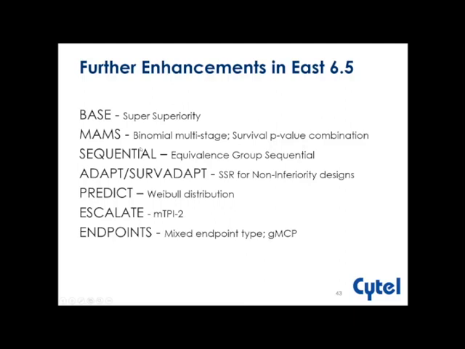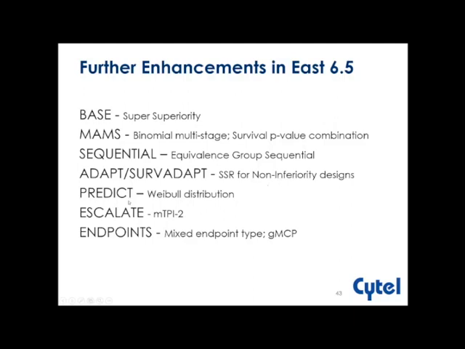In the sequential module, we're adding equivalence designs, so you can do an equivalence trial with group sequential boundaries. For ADAPT and SERVADAPT, which implement our promising zone designs, you can now do sample size re-estimation for non-inferiority.